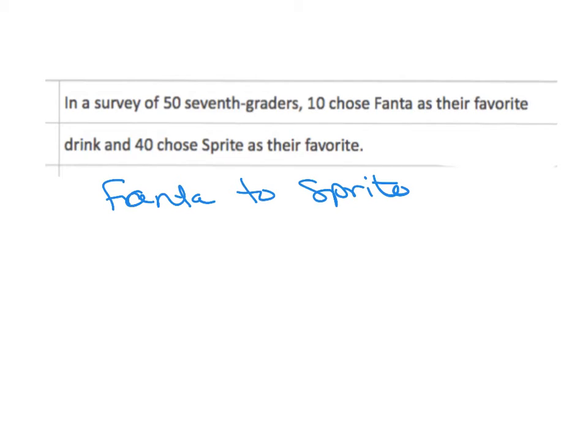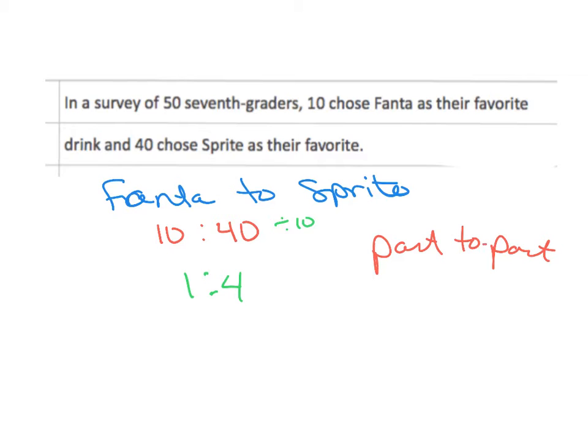So those who like Fanta is 10. Those who like Sprite is 40. I'm going to simplify this by dividing by 10, so I get 1 to 4. This is a part to part ratio because I'm talking about part of the group who likes Fanta and part of the group who likes Sprite.